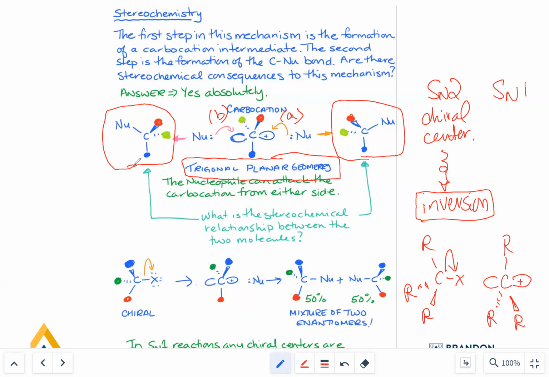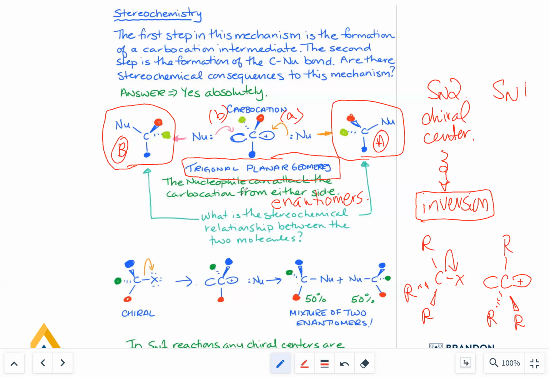And if we look at them stereochemistry-wise, you will see that they are mirror images of one another and they're non-superimposable, which means that A and B are going to be enantiomers.